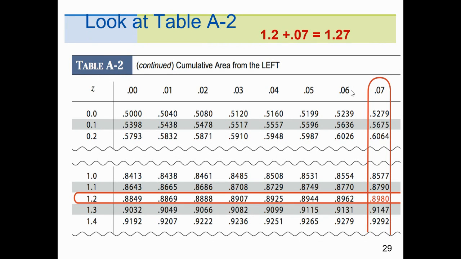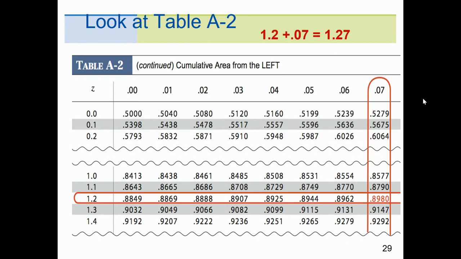In other words, your calculator is going to be a little bit too precise. The answers on the exams are going to be done with pencil and paper, so you're going to see discrepancies. Many times, to get the exact number, you're going to have to rely on the table. So even though your calculator helps you out big time, you still need to know how to use the table. That's how you find the area to the left of 1.27.